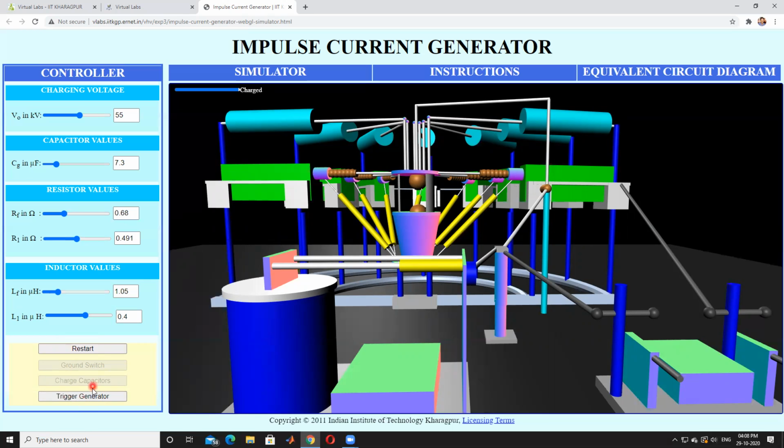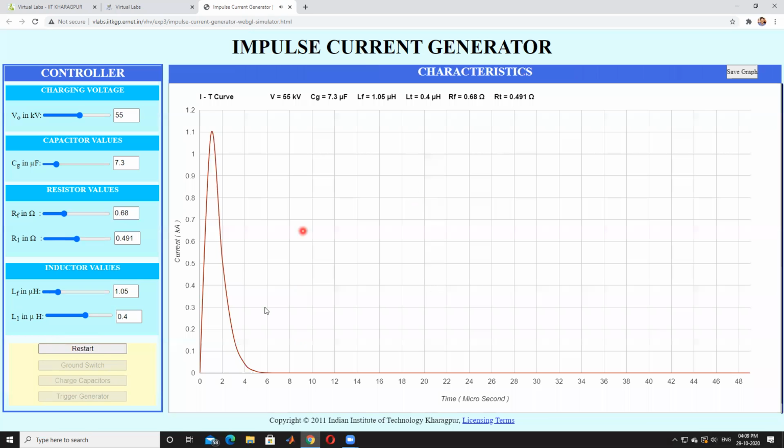Then when I press the trigger generator between these two, all the capacitors discharge across the test object. We observe the graph using the CRO. Consider this spark here; this is the impulse current generation. We observe it in the graph.